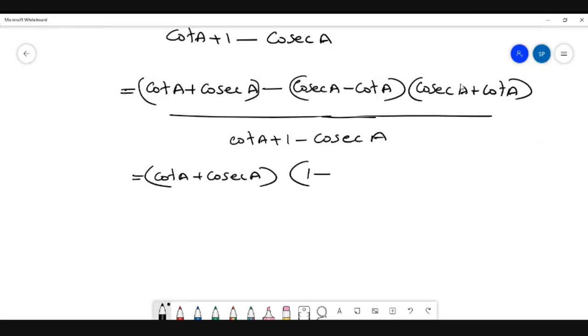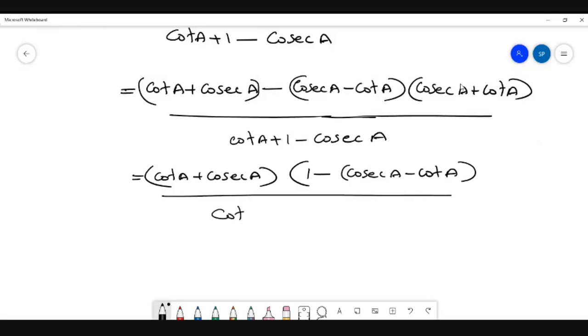It will be 1 left over minus, if you take this out, it will be cosec A minus cot A. That is here minus of cosec A minus cot A. So you should put in bracket, divided by cot A plus 1 minus cosec A.